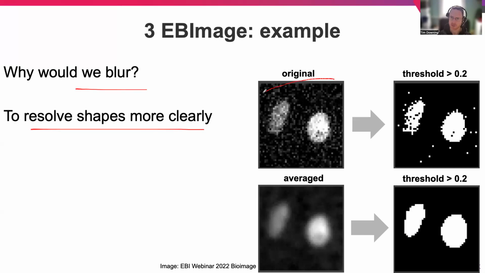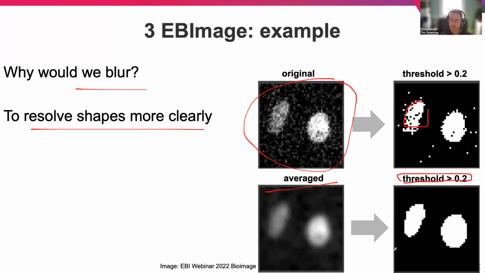So we might have an original one like this. And if we do thresholding on that, we'll get poor pixelation resolution. Whereas if we average that, so essentially each pixel borrows the average pixel intensity from the ones around it, it can make the thresholding process and quantification of areas of interest easier.